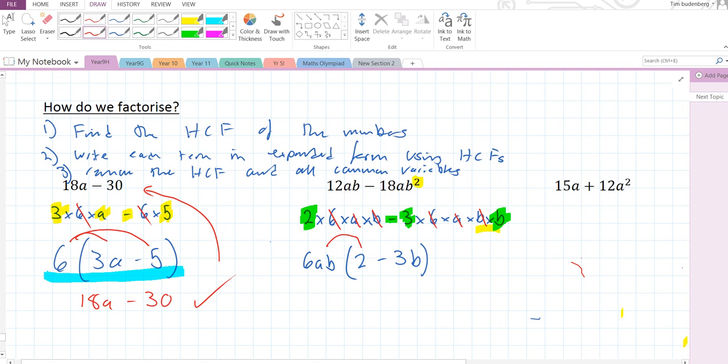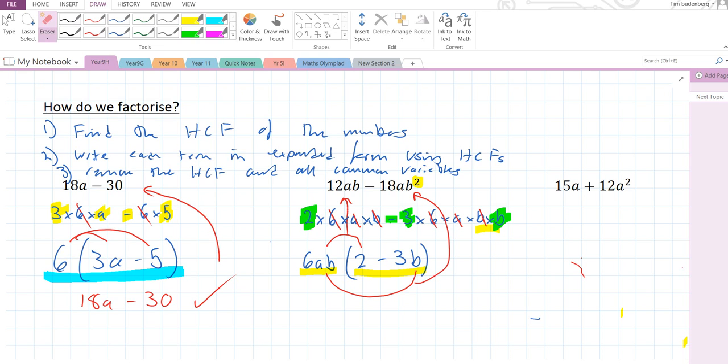If we did 6ab times 2, that gets us back up to here. And if we did 6ab multiplied by minus 3b, that gets us this term here. So we know that we've factorised correctly. Our two factors are this 6ab and this term here.